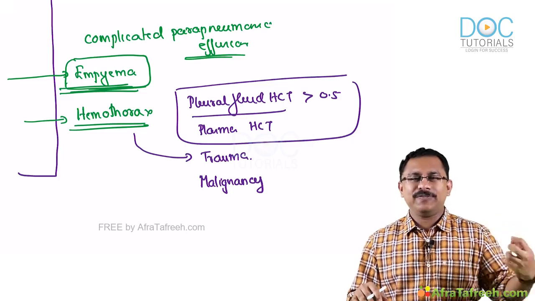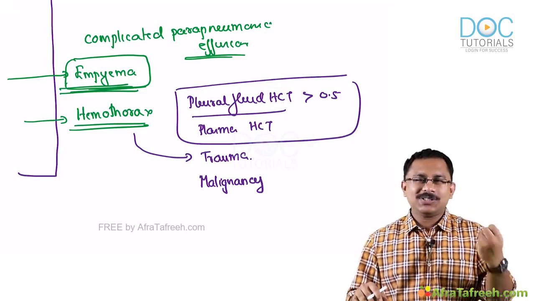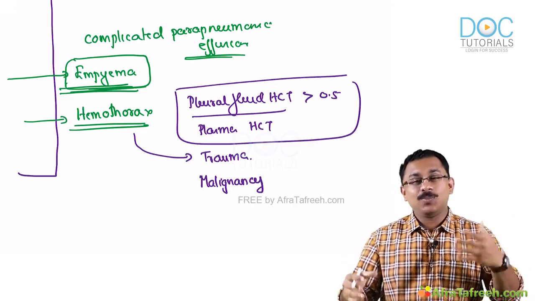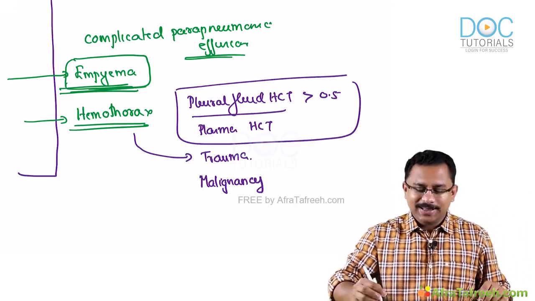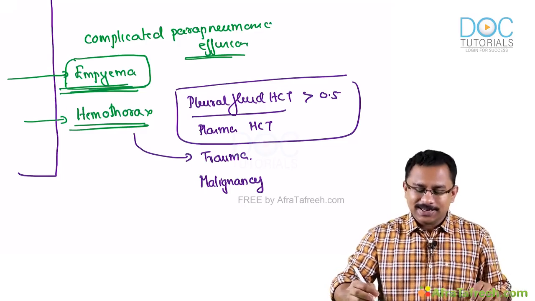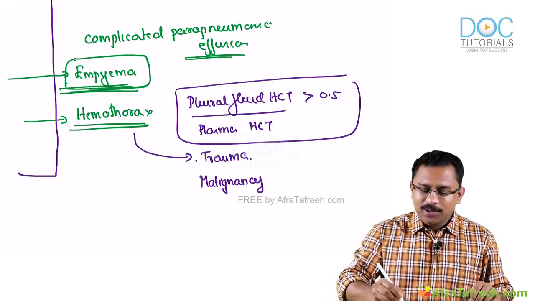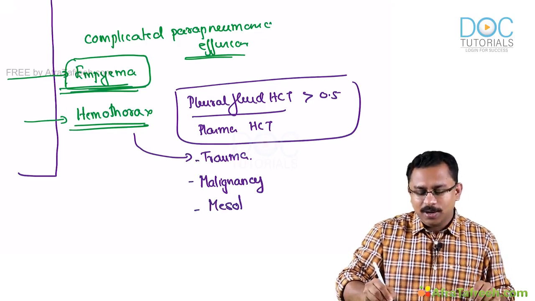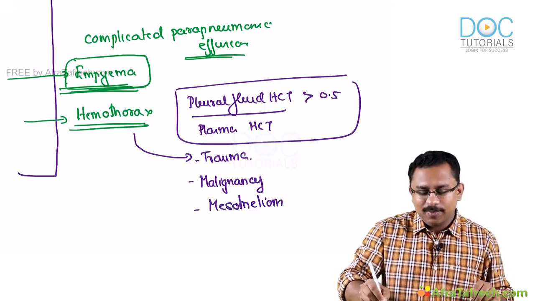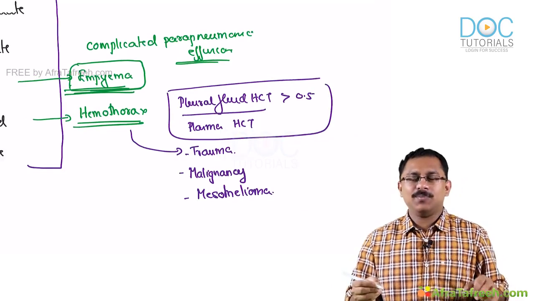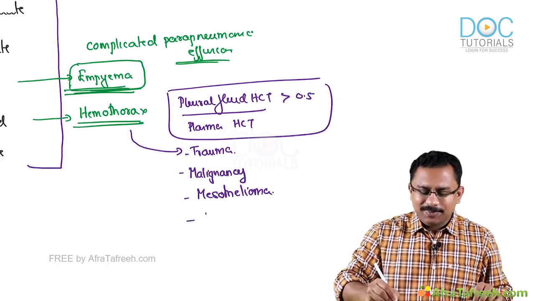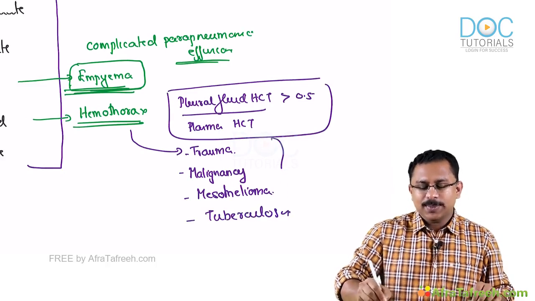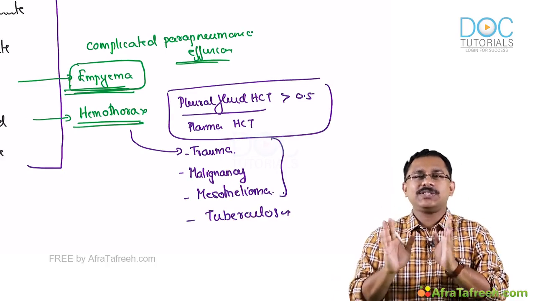It has more chance of irritation of your pleura, and subsequent effusion is more in an adenocarcinoma than a squamous cell carcinoma. So trauma, lung malignancies, even mesothelioma also can produce a hemorrhagic effusion or hemothorax, and sometimes tuberculosis. Rarely tuberculosis also may produce, but the first three are the most important.